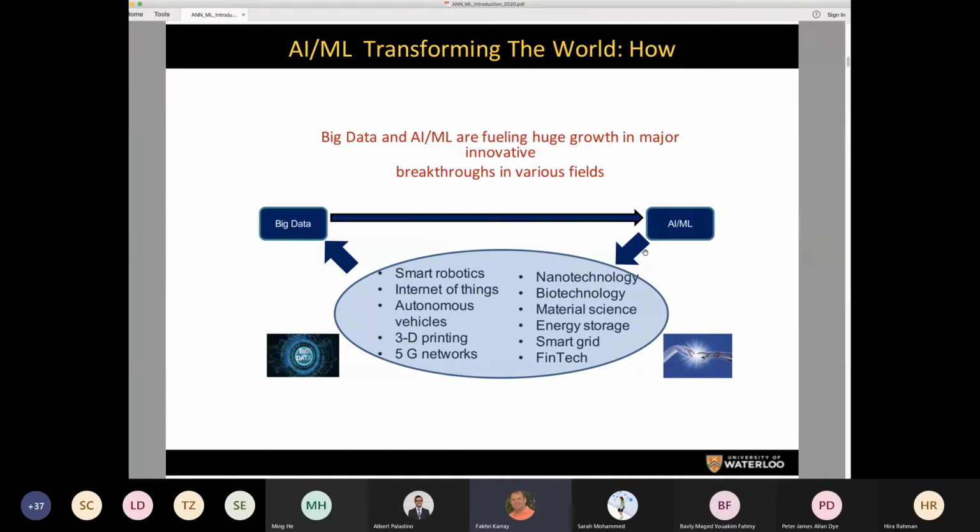This has led to the usage of machine learning in a wide range of areas, not only by large companies, but also by small companies and even by individuals.